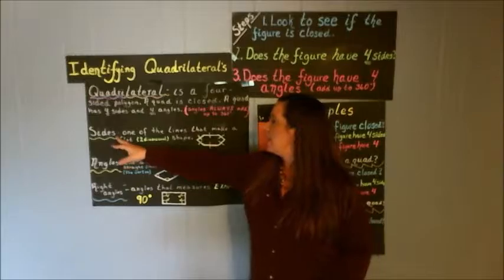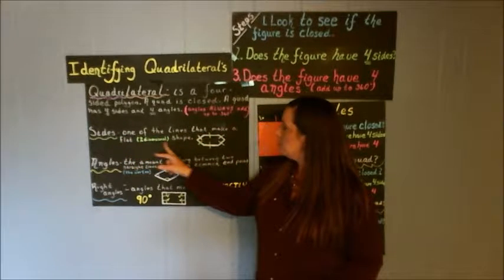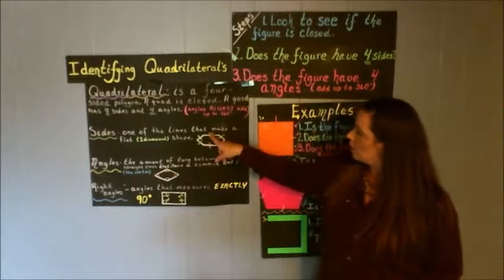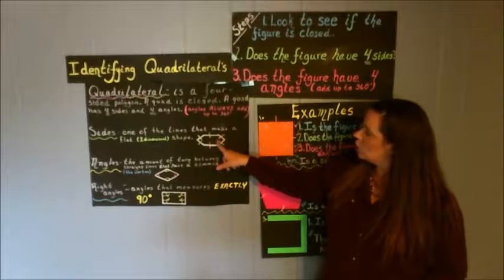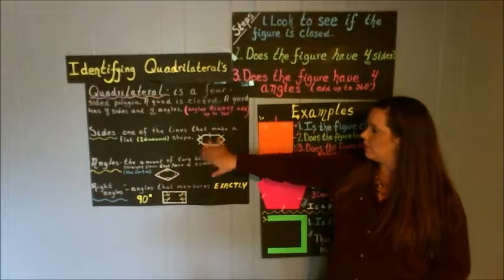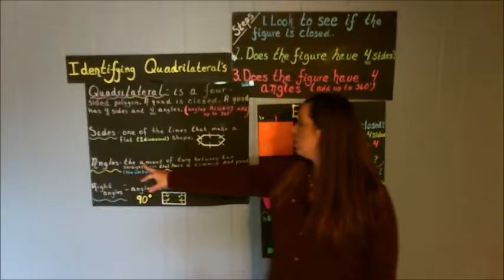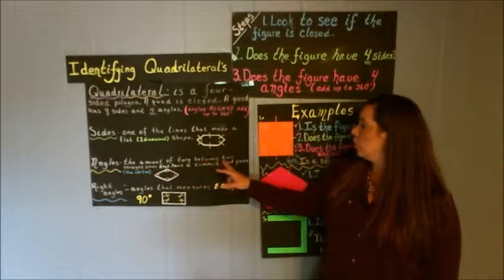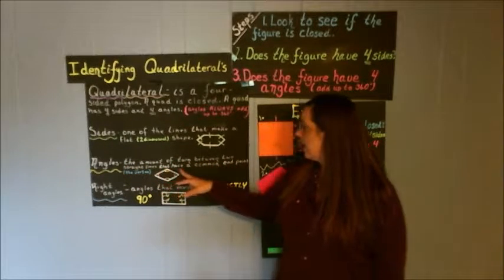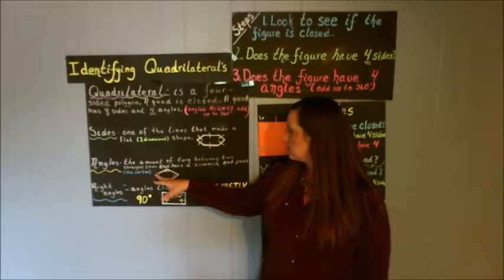Sides. A side is one of the lines that make a flat two-dimensional shape. So on here, we have 1, 2, 3, 4, 5, 6 sides on this figure, okay? Angles. Angles are the amount of turn between two straight lines that have a common endpoint, which is the vertex, okay?